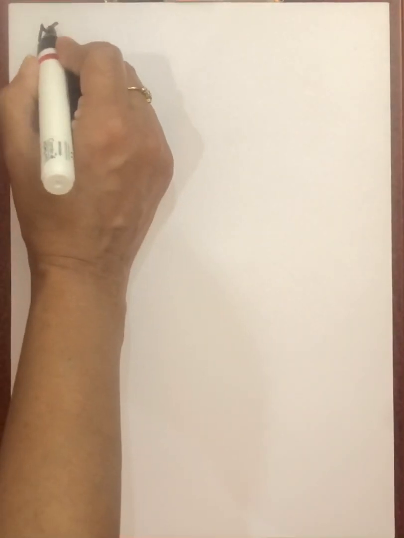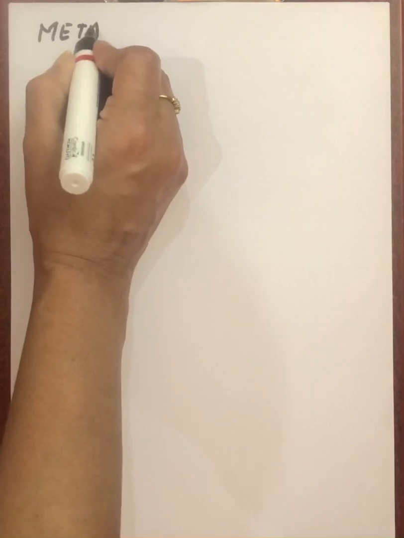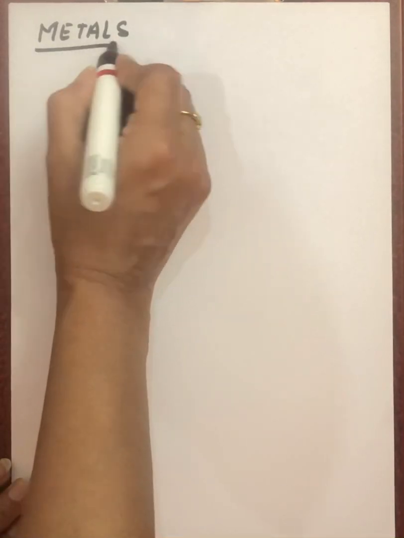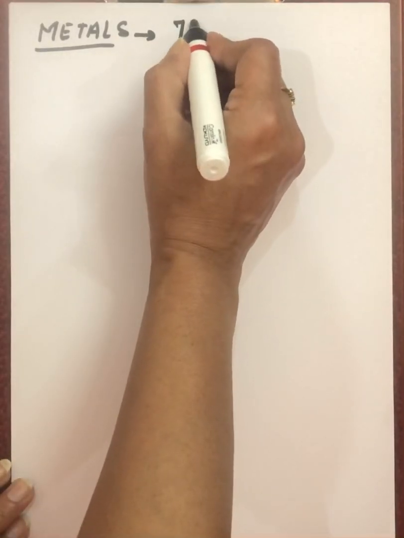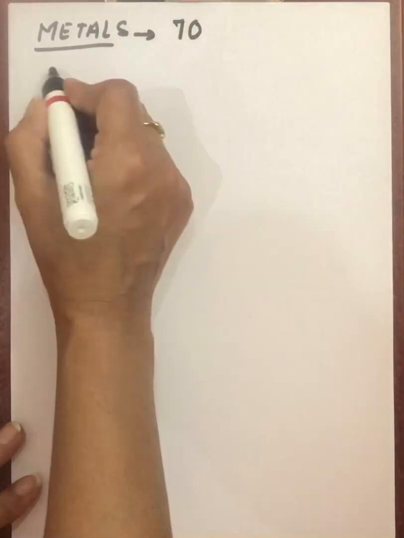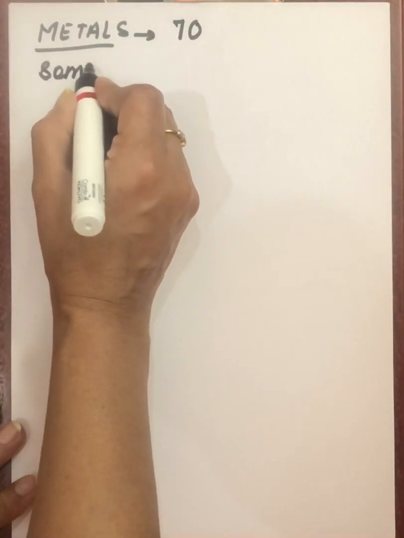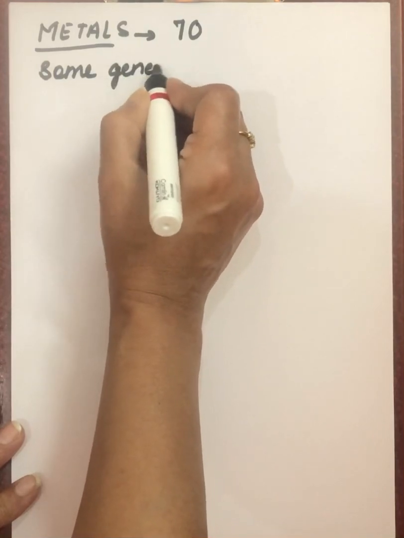Metals. From all the naturally occurring elements, approximately 70 are metals. Some general properties of metals.